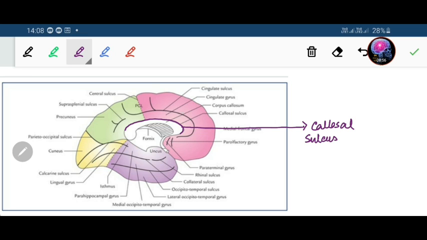This is the cingulate sulcus. In between the two sulci, the cingulate sulcus and callosal sulcus, lies the cingulate gyrus.